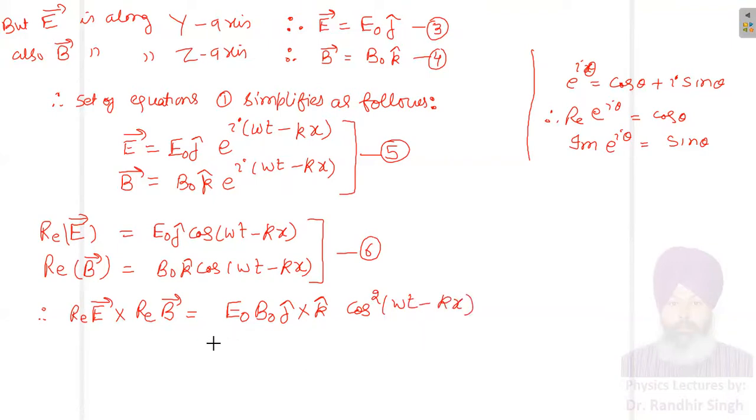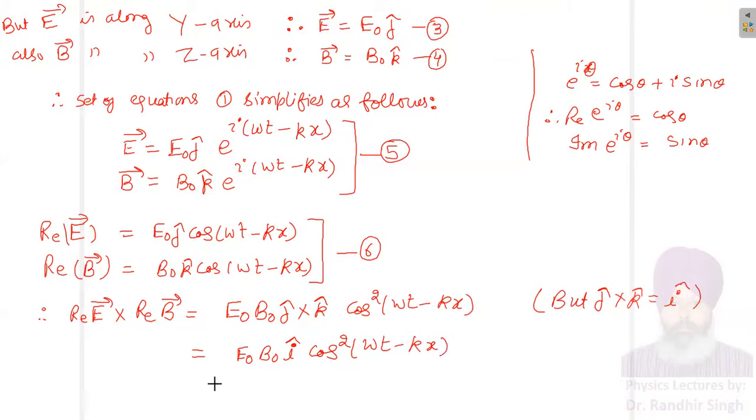Now we know that J cross K is I cap. We know this. So it will become equal to E0 B0 I cap cos square omega t minus kx, and I can further write it like this.